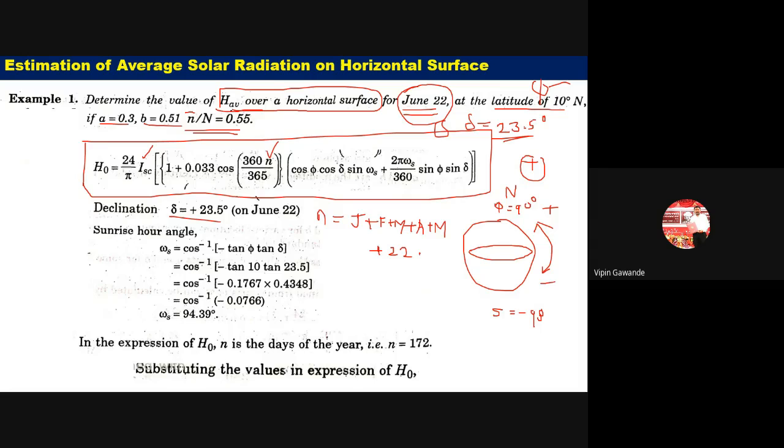So January 31, February 28, March 31, April 30, May 31, and June 22. If you add all these numbers, it comes out to be 172. So put 172 here. Now cos phi means what? Phi is the latitude angle.